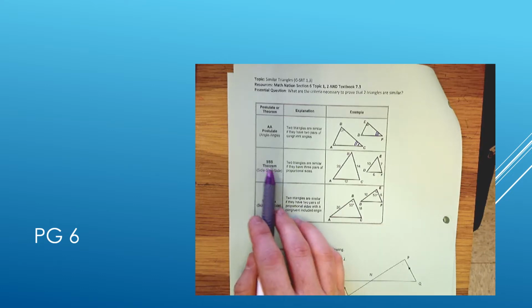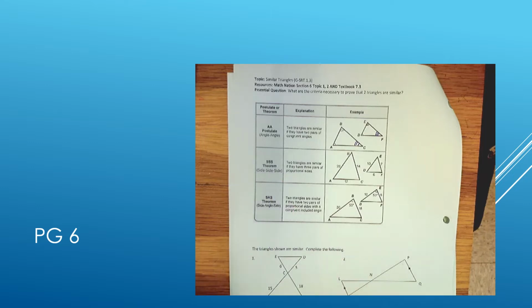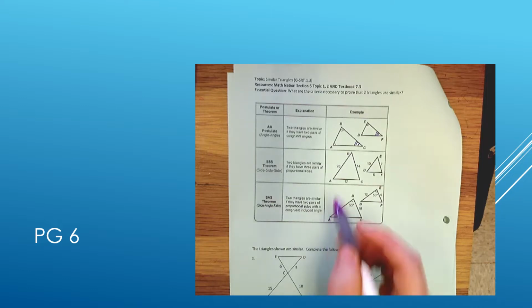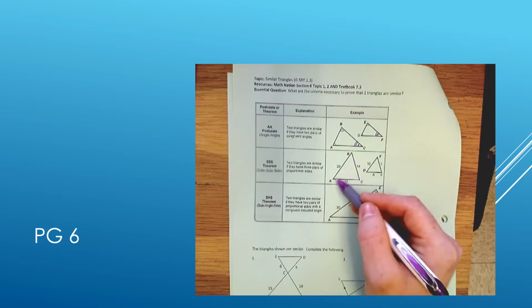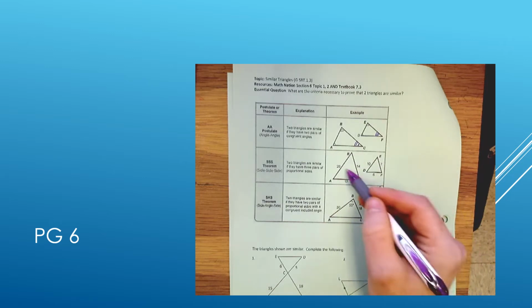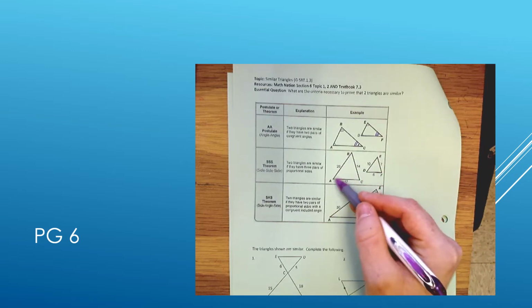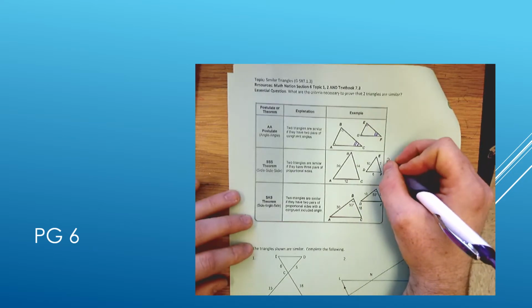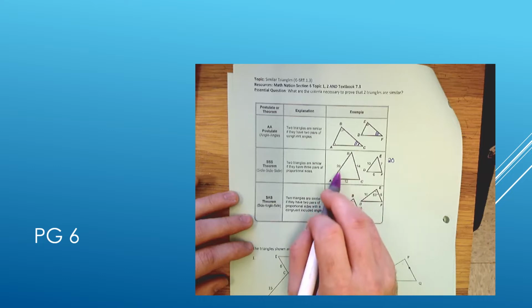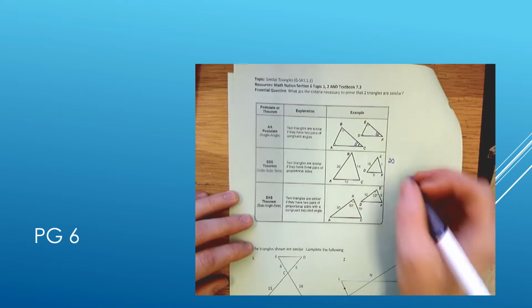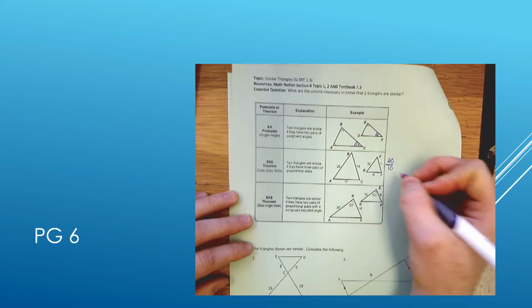The other one is the SSS theorem. This one says two triangles are similar if they have three pairs of proportional sides. So what you want to do is see if they're proportional, matching up sides of each of the triangles. Let's say I went with AB, that's 20. AB goes with DE, so 20 over 10.